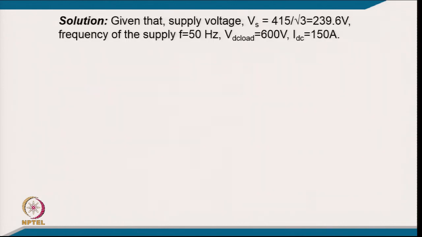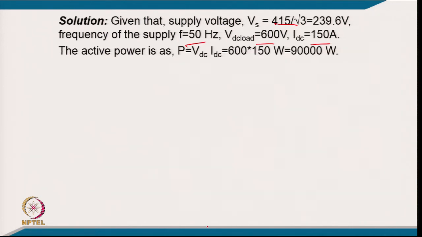So, coming to the solution part, given that the supply voltage is 415 by root 3, that comes to 239.6 volt, the frequency of supply is 50 hertz, the DC load is 600 volt and the DC load current is 150 ampere, maybe a large rating, like a variable frequency drive. So, the active power of the load will be VDC times IDC, 600 volt and 150 ampere.